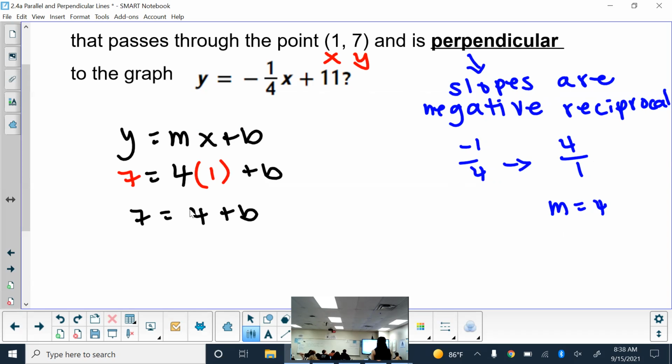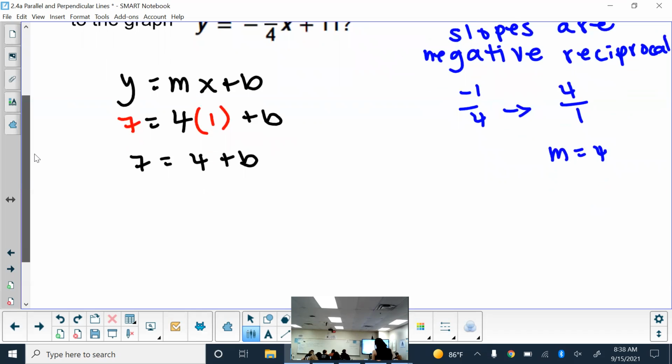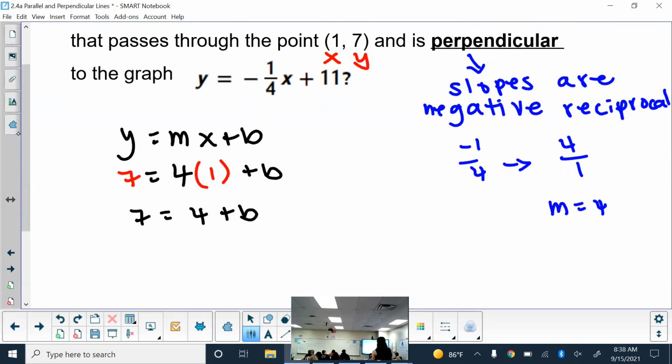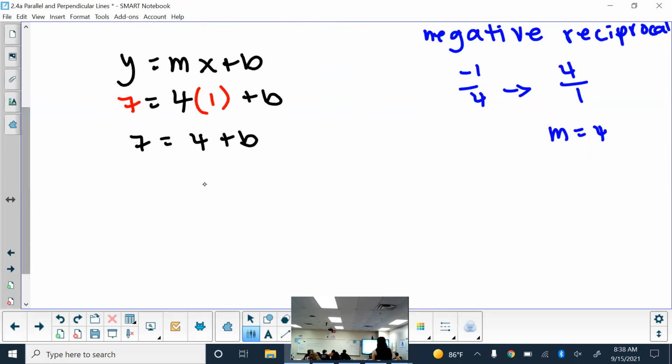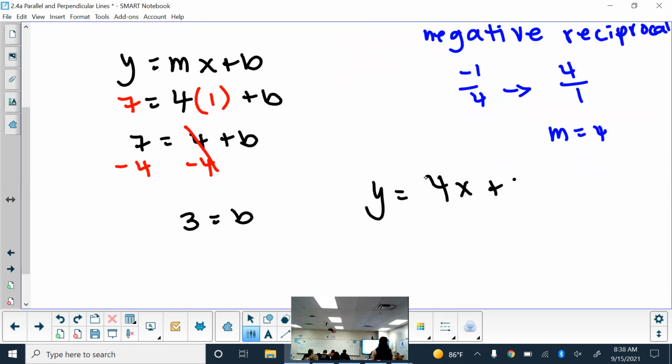We got 4 plus b equals 7. Now get the b by itself. How do you do that? We're going to subtract 4 on each side. And then what does b equal? 3. So 7 minus 4 is 3. That's what b equals. Now again, don't just circle these and say that's my answer. Put it together in slope-intercept form. So it should be y equals 4x plus 3.